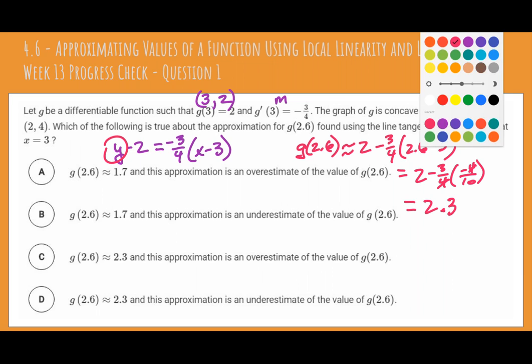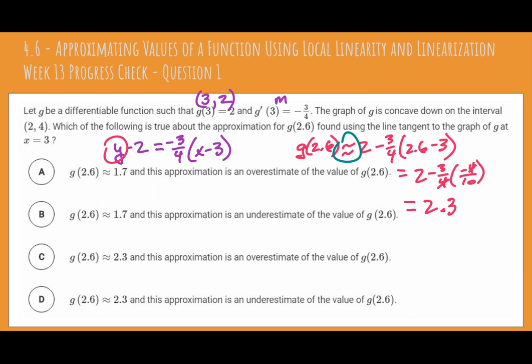I want to point out that we're using approximately equal to here, and then equal signs the rest of the way because each step is equal to the step before it. But with the approximately equal to up here, that's going to tell us that g of 2.6 is approximately equal to 2.3. All right, so that narrows it down to C or D.